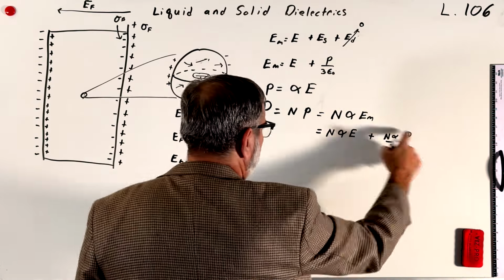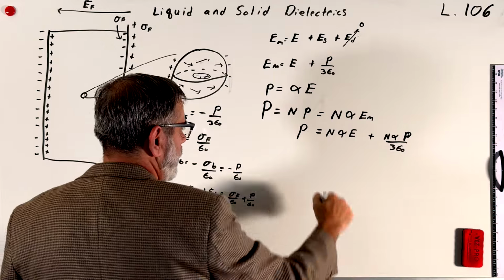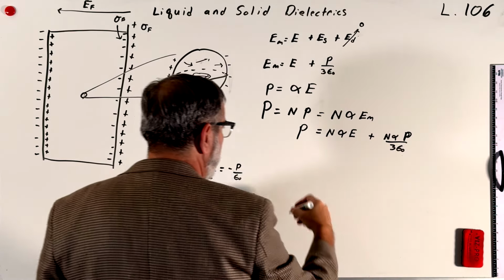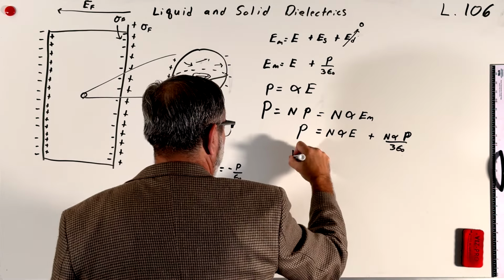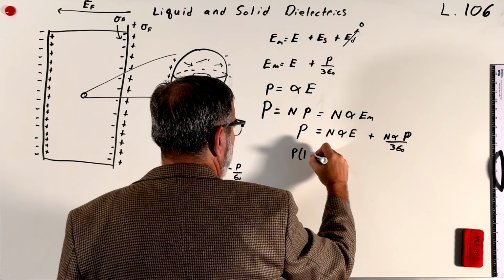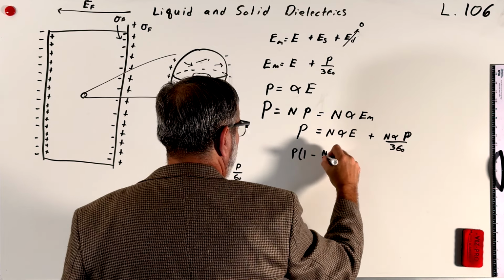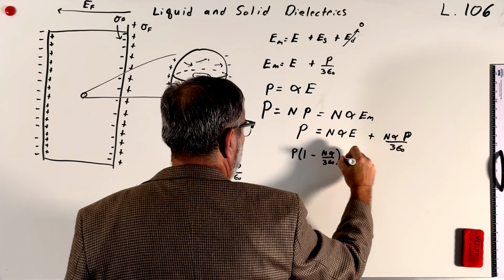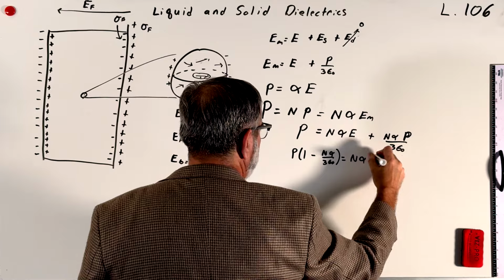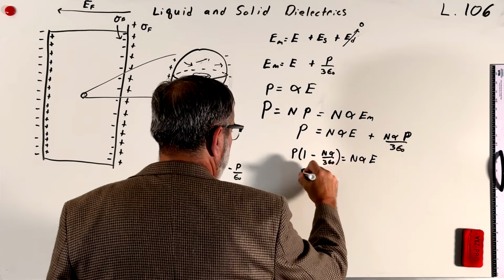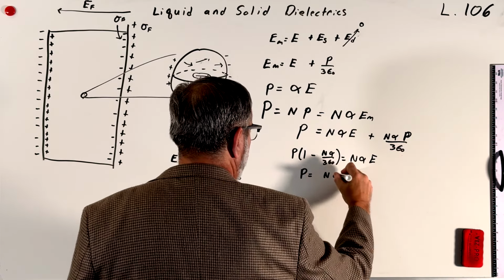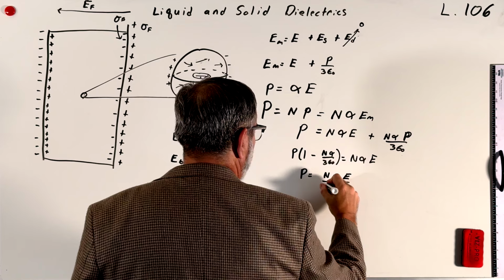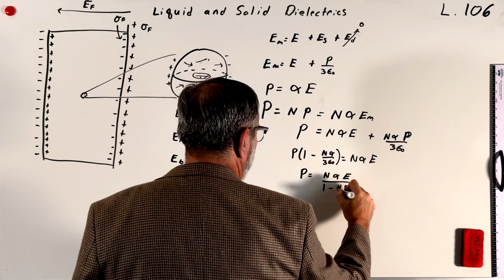So I can solve for it, because the dipole moment per unit volume equals something in terms of the dipole moment per unit volume. I can rewrite this as P times (1 minus N alpha over 3 epsilon naught) equals N alpha times E. Dividing through, I get P equals N alpha E over (1 minus N alpha over 3 epsilon naught).